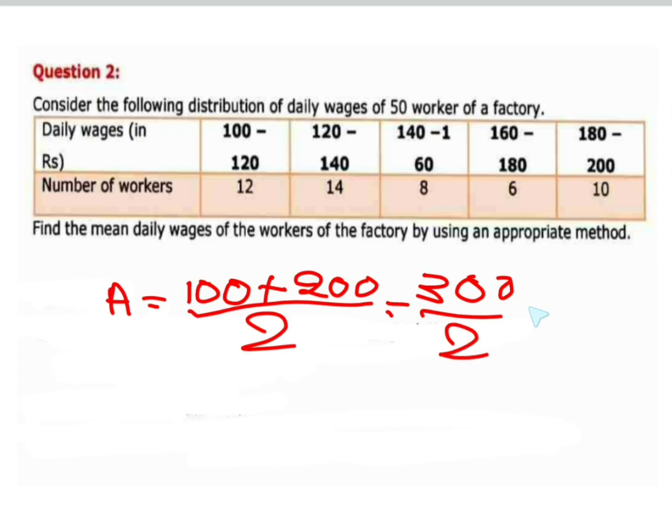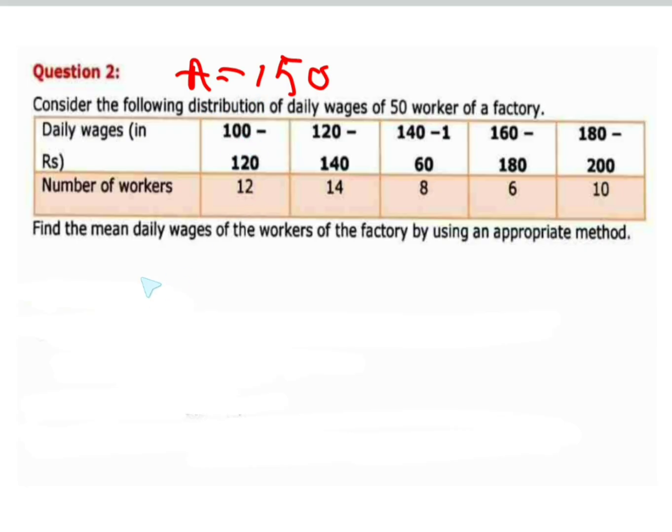This is a good value to take as the assumed mean. So take a equal to 150.